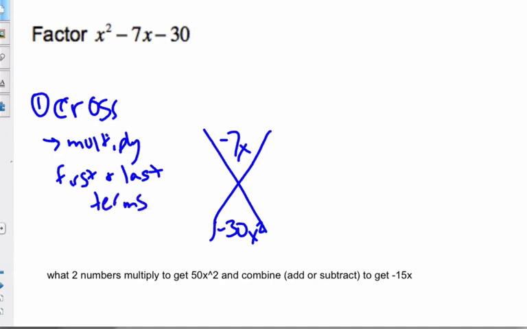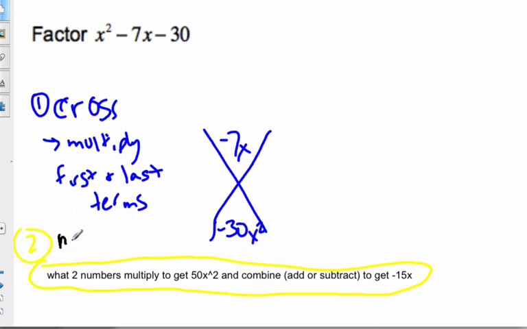Then I ask myself this magic question. This is my magic question. Without this question, I can't do it. My magic question says, what two numbers multiply to get negative 30x squared and add or subtract to get negative 7x?